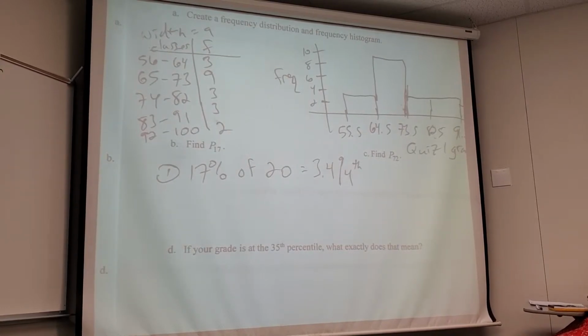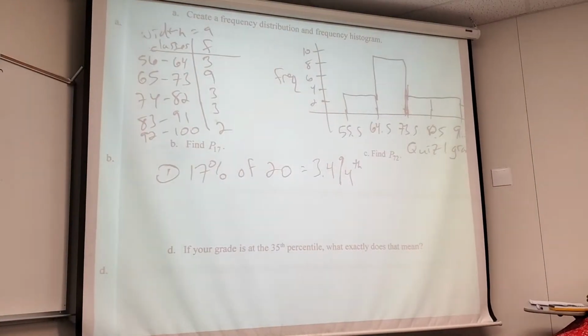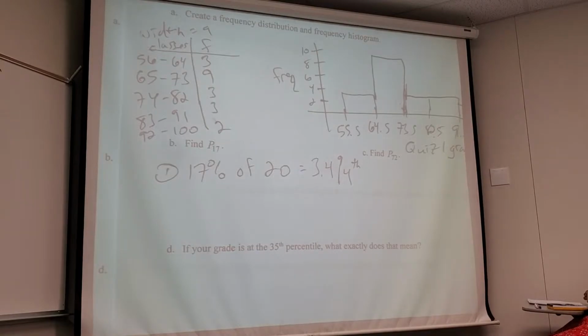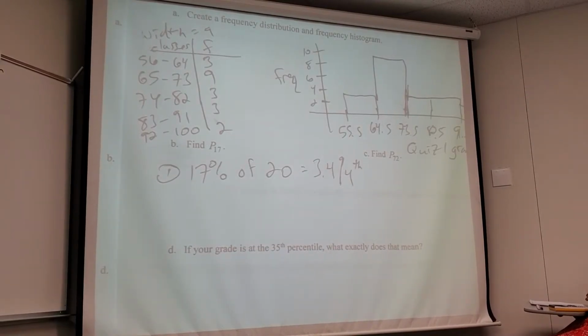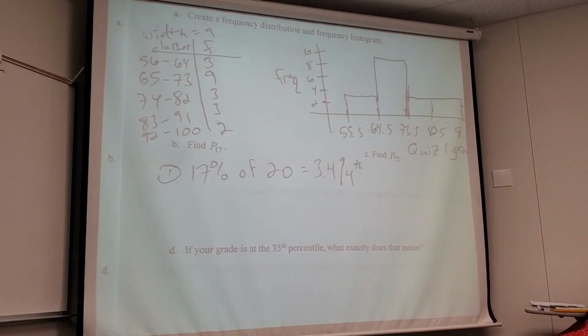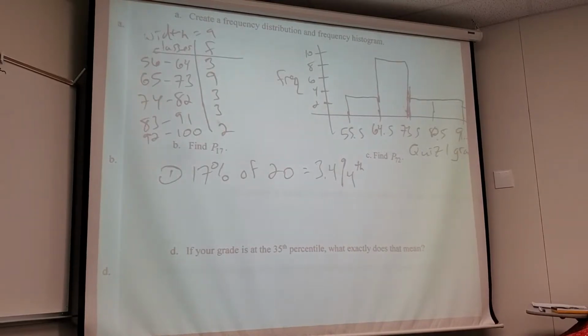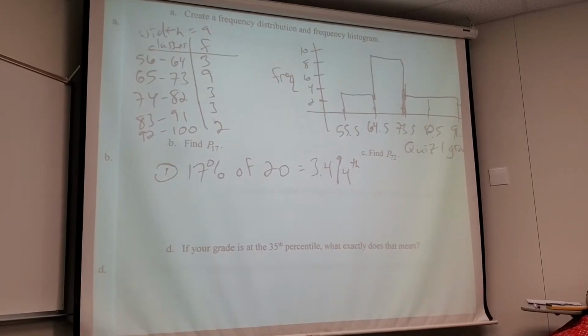So if I had 100 data points and I want to get P17, you guys with me? If n is 100, how do I get P17? 17% of 100 is 17, right? And then what will I do to get P17? Choose the 17th and 18th.